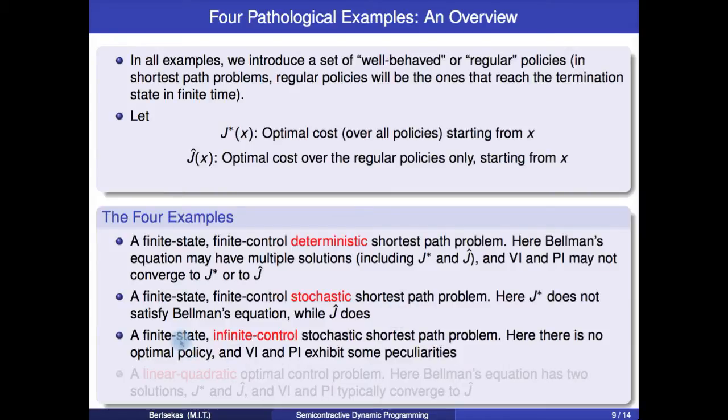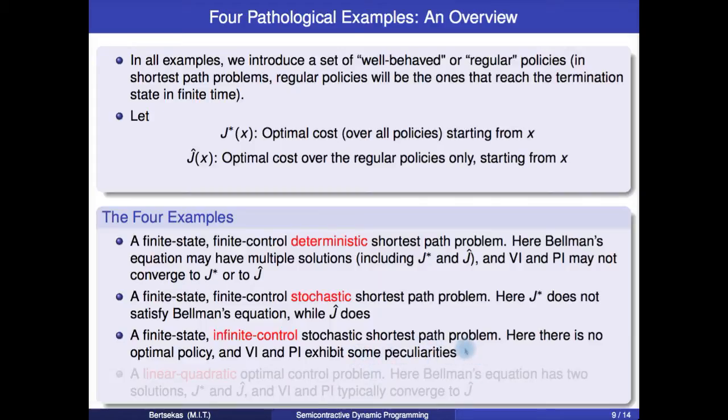The third example involves a finite number of states, in fact only one plus a destination, and an infinite number of controls. It's a stochastic shortest path problem. All policies turn out to be regular in this example. However, there is no optimal policy, and also value and policy iteration exhibit some peculiarities.